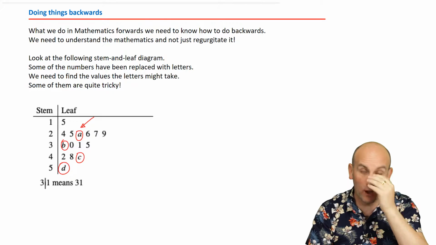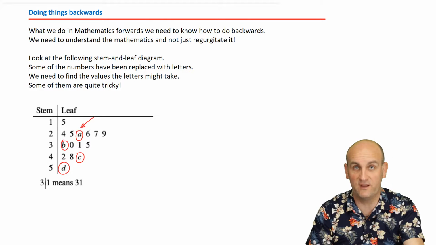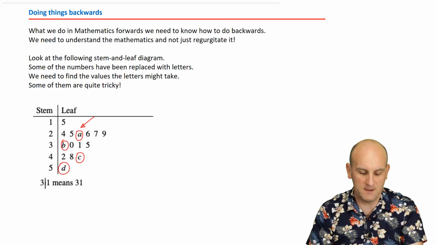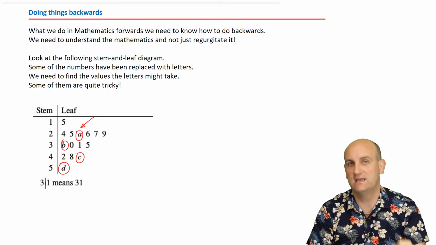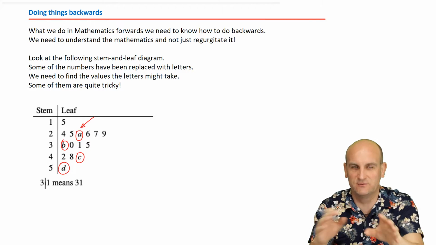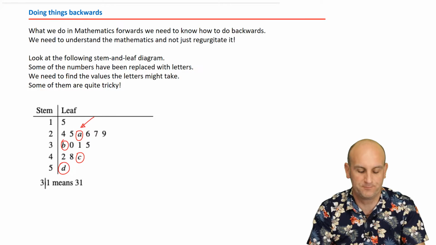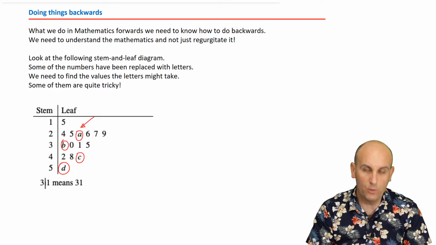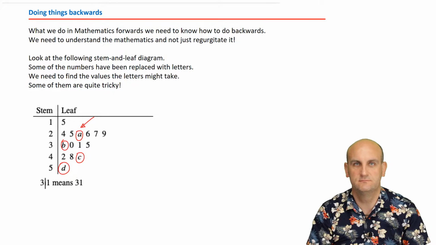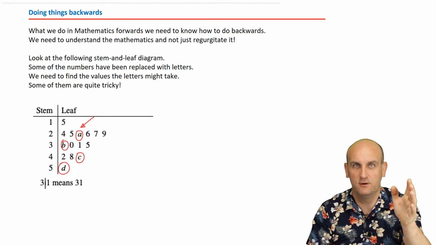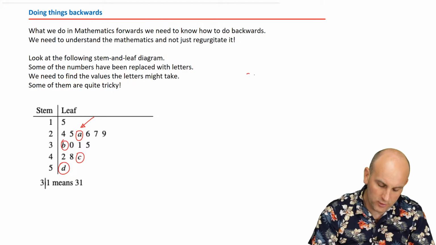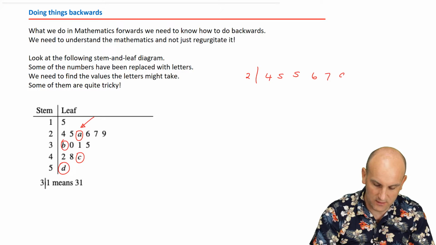Now, do not say it's 5.5. Because remember, the leaves have to take whole number values. We didn't write decimals in there. So what is between 5 and 6? Well, funnily enough, 5 or 6. Because remember, we could have written this as 2, 4, 5, 5, 6, 7, 9.